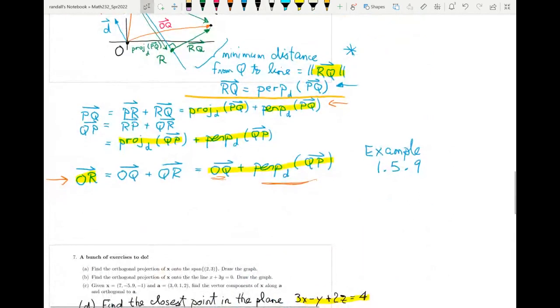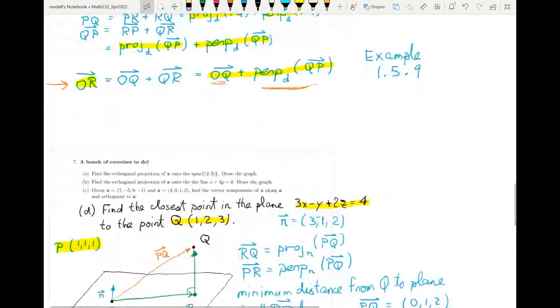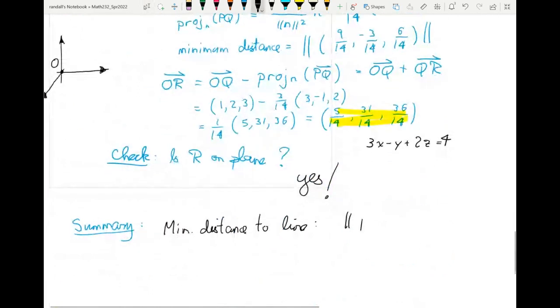So it's the perpendicular part, perp d of PQ, where P and Q are defined in those sketches.